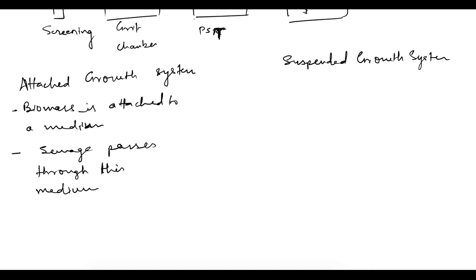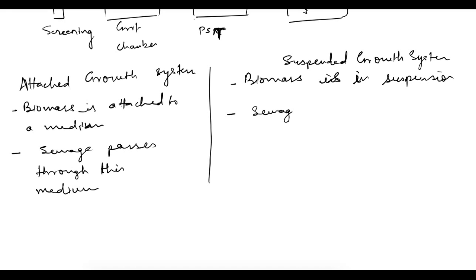In case of suspended growth system, biomass is in suspension. And suspension of what? Suspension of liquid. So here the liquid is sewage itself. So suspension of sewage.